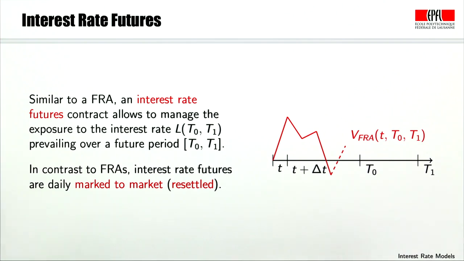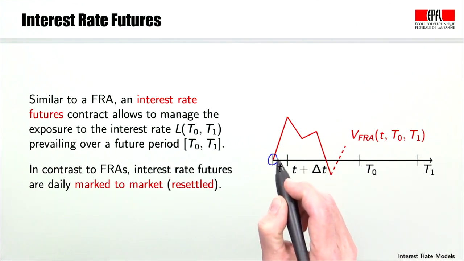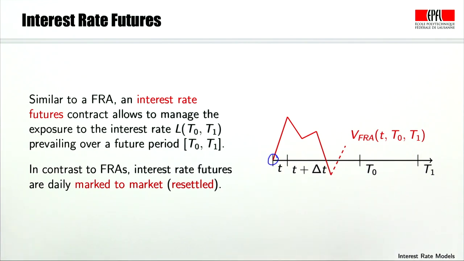To understand what this means, recall that the value of a forward rate agreement may change in time. At time small t, when you enter the forward rate agreement, you will do it typically at conditions which render its value equal to 0.